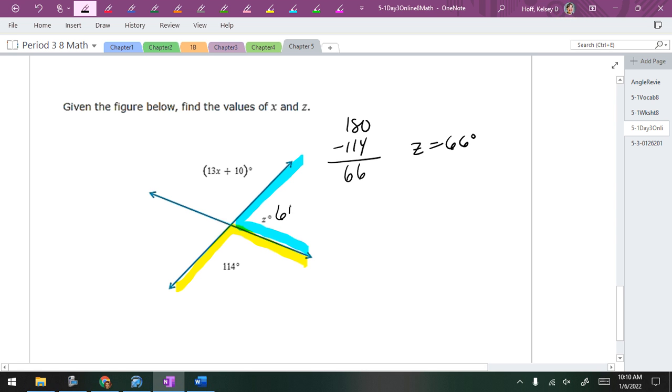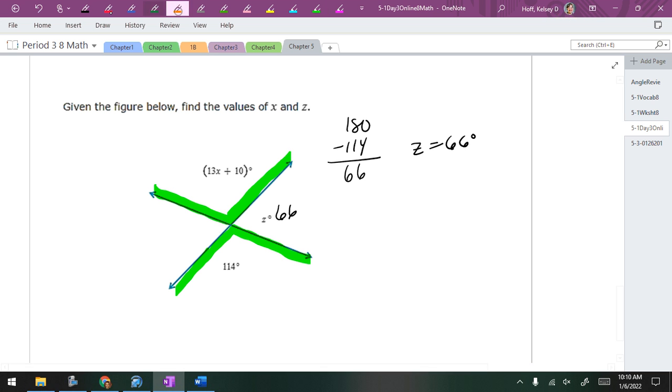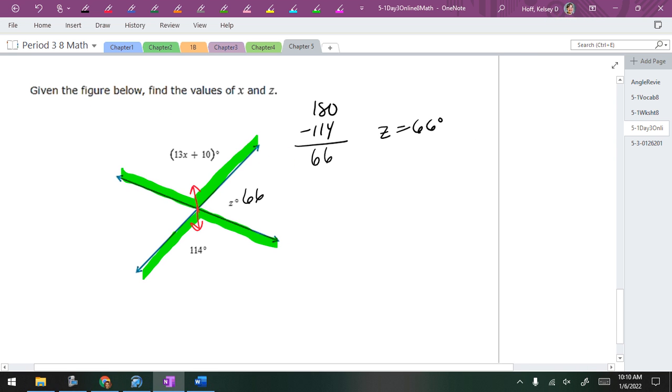Okay. Somebody else. How am I going to find my other 13x plus 10 here? Isn't it 114? Like you've got to add, like, right. Why is it 114? What type of angles are those? Vertical angles. So vertical angles are equal. 13x plus 10 equals 114. Then yes, you have to solve.